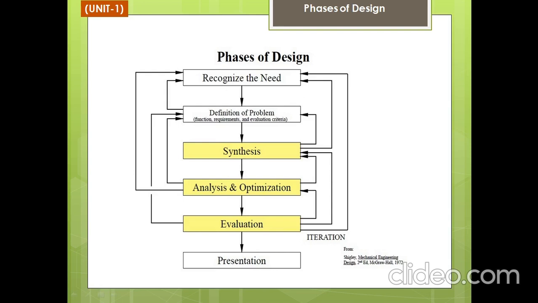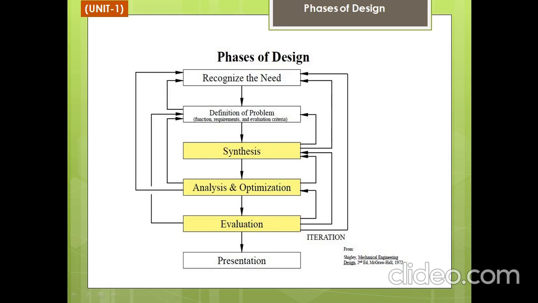Again you redefine the problem. Again you go and see the customer need. Now you are able to see that 80% expectation of the customer is covered in the definition of problem. Then again you have to modify the problem.